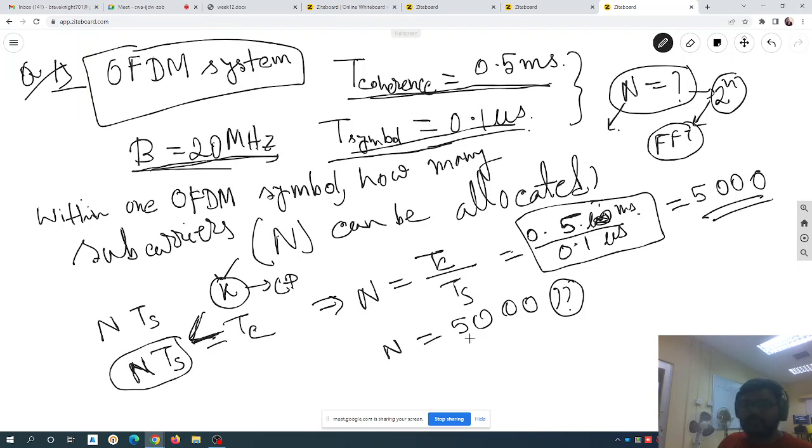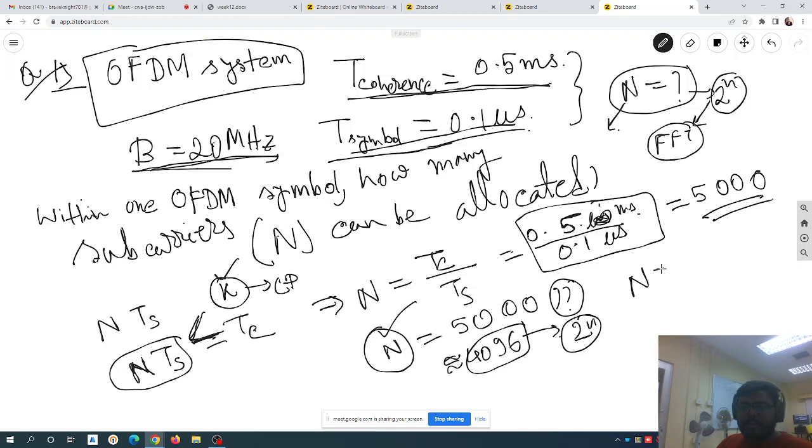It should be in the order of 2 to the power n. Yeah, so the nearest term, I think, is 4096. So you have to write the nearest term in order of 2 to the power n for this N. So the right N here is 4096.